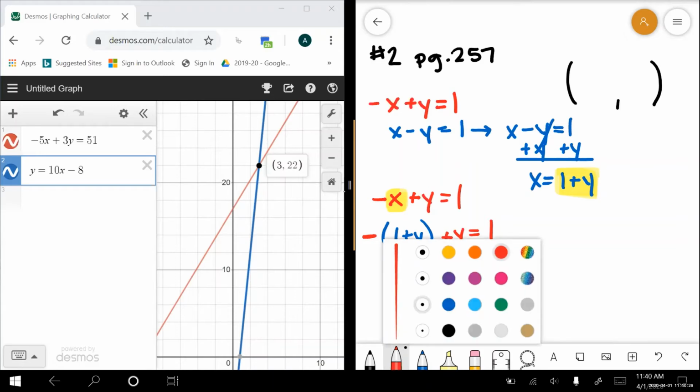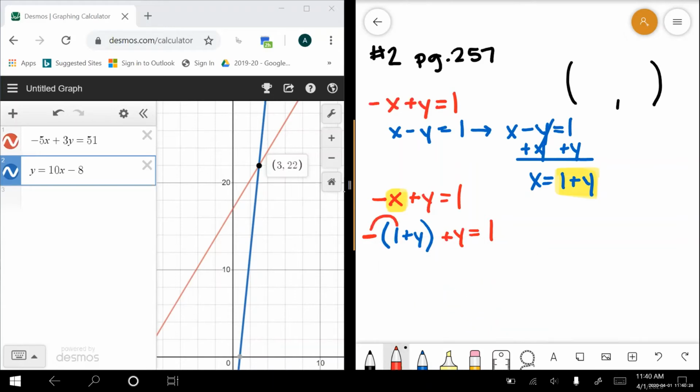And then I'm working through this. I've got negative times 1. Now, if you're a little hesitant about this negative sign, some of you like to put the 1 in the front. That's fine. So negative 1 times 1 is negative 1. Negative 1 times y is a negative y. And then I've got plus y equals 1. Now, something very interesting happens here. Can you see it?